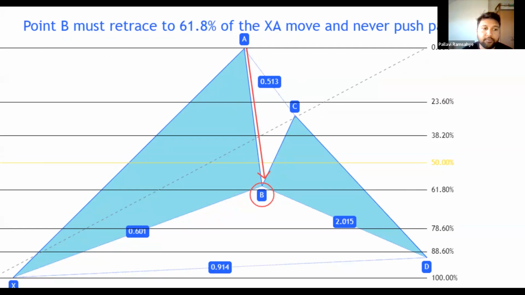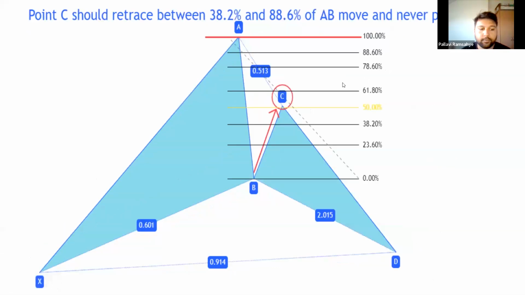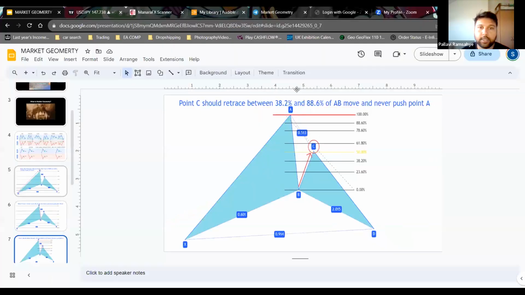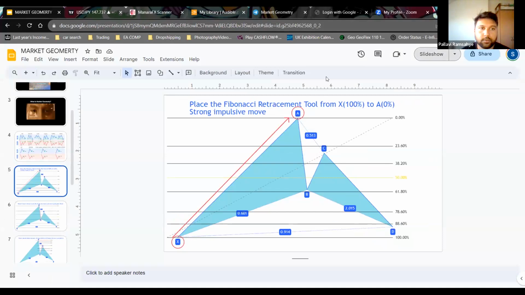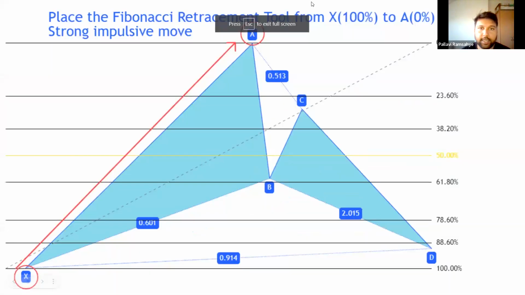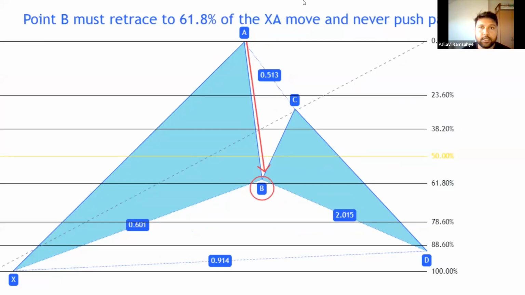Of the XA move, meaning when we placed our Fibonacci tool, it's from X to A. So that's all that means. It means 61.8% of this move. If you just look at this as 100%, we're tracing 61.8%, okay?